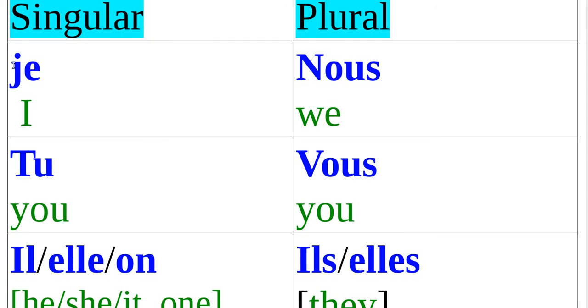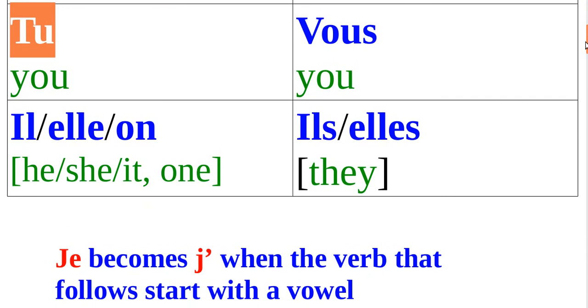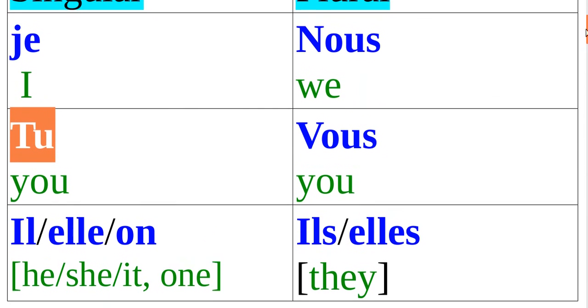The first one is je. Je means I in English. The second one is tu, which means you in English. The third one is il.